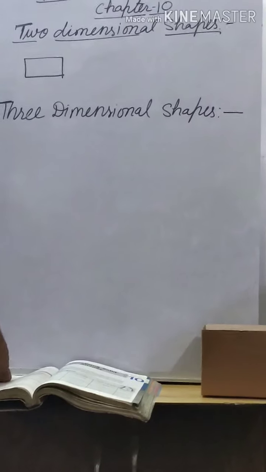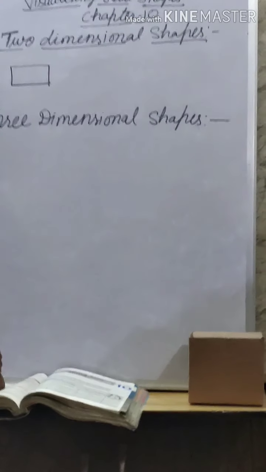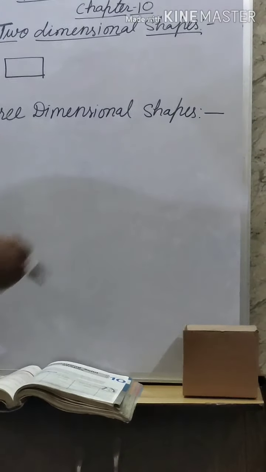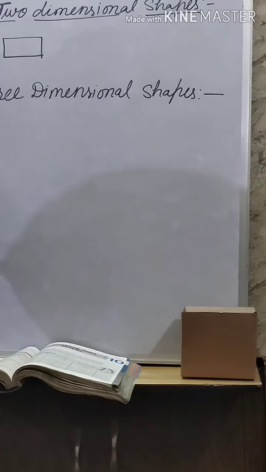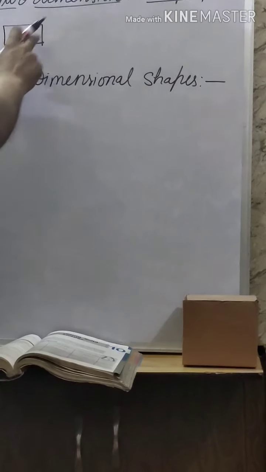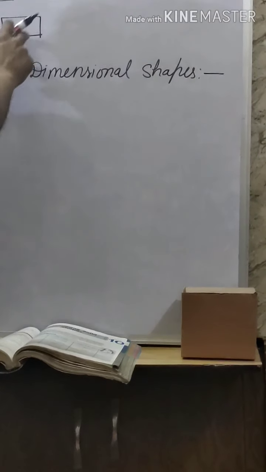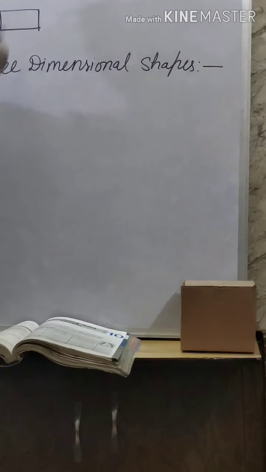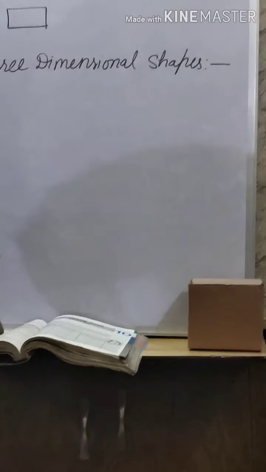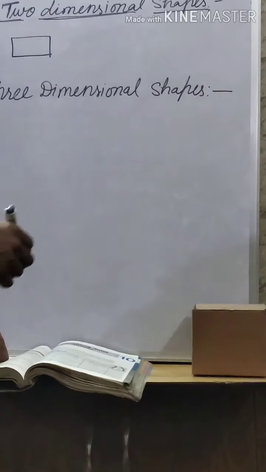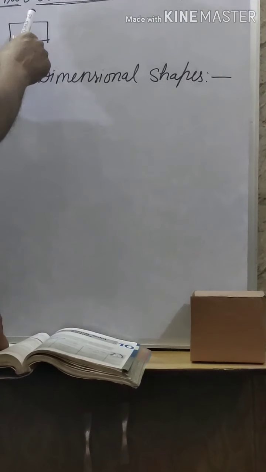It is a plane figure. Why plane figure? Because we can show it on the plane. Clear this? Which are having only length and breadth. So that is called two-dimensional shapes.